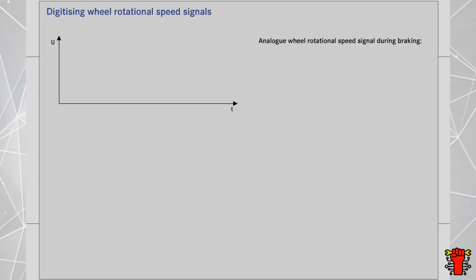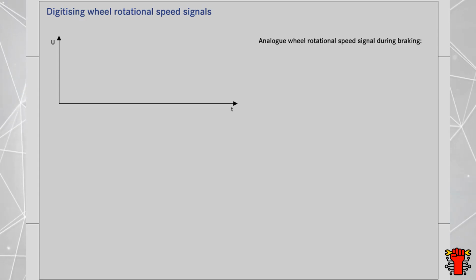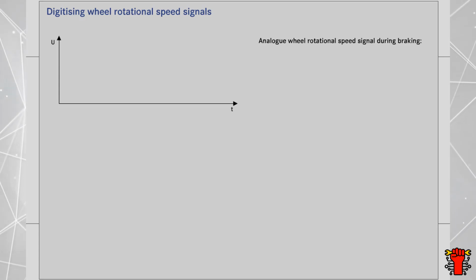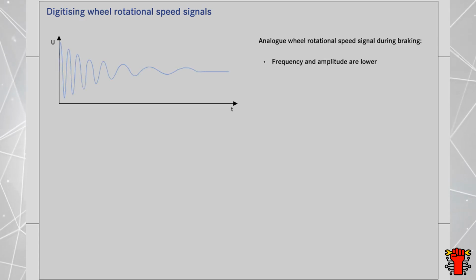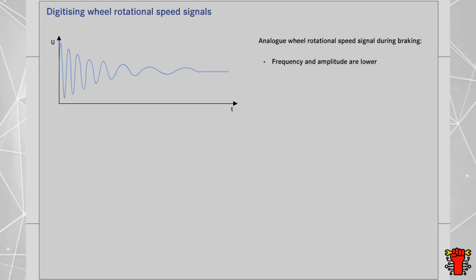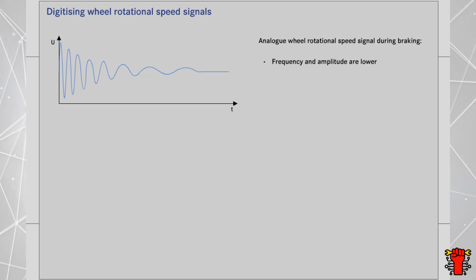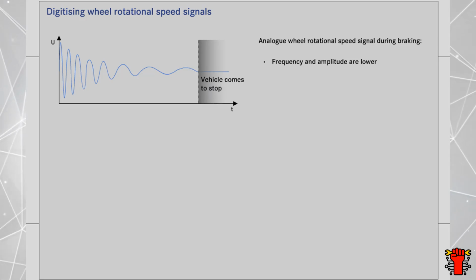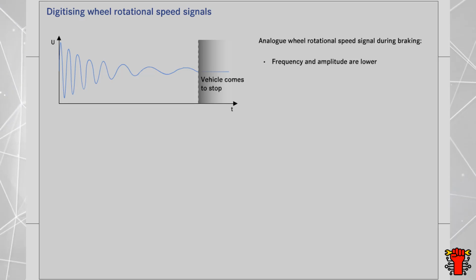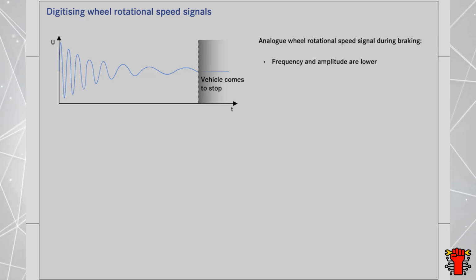Here you can see a simple digitization of an analog wheel rotational speed signal when braking. The inductive wheel rotational speed sensors output an analog signal whose frequency and amplitude continually decrease as the vehicle's speed decreases. As soon as the vehicle comes to a stop, the inductive wheel rotational speed sensors stop sending signals to the control module.